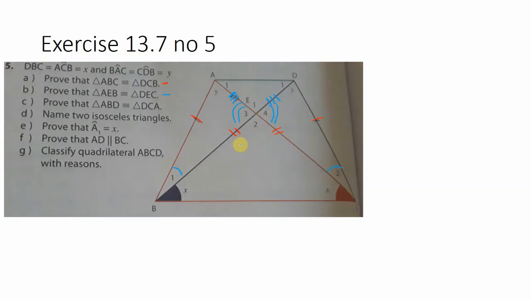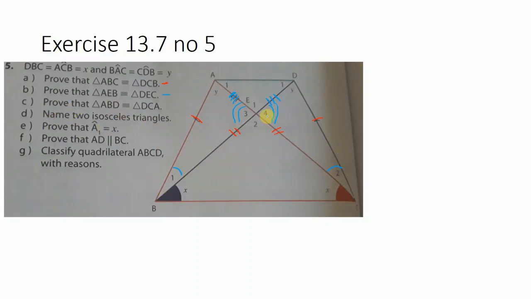And then we also know that AB equals DC, that we anyway knew from the first proof of congruency. Okay, so now that we have that, let's focus on C.